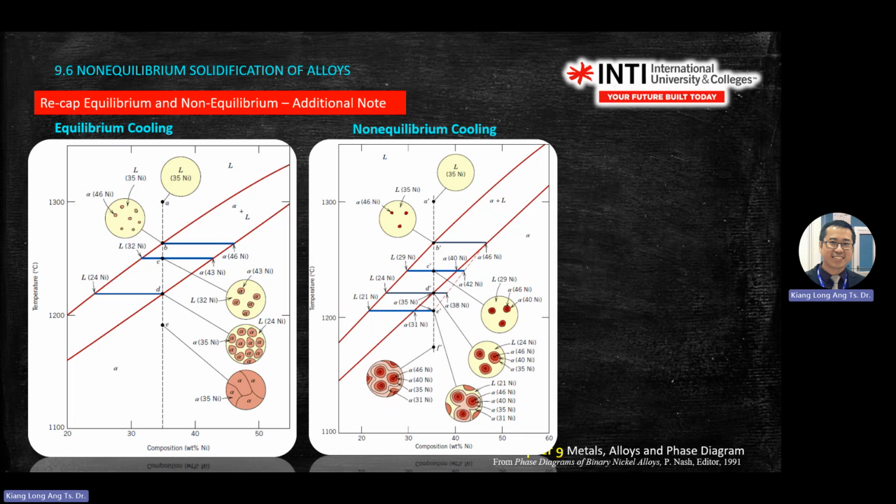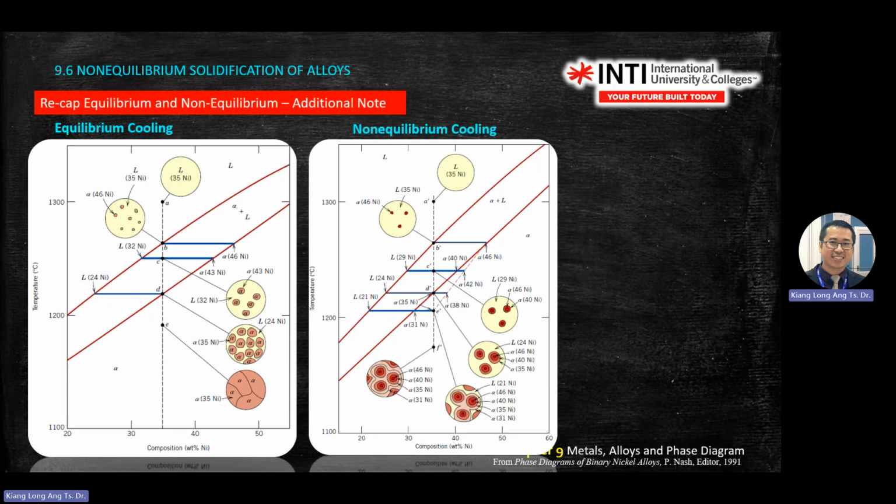Let's say the question asks you to draw the bubble diagram at a composition of, let's say, 35% nickel. So what you do, you draw a line from 35%. Then in the question, we will label points A, B, C, D, E for you to draw the bubble.